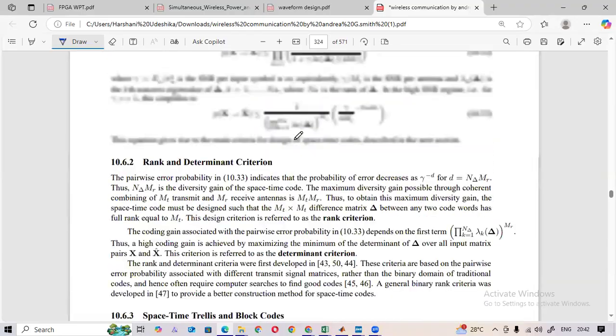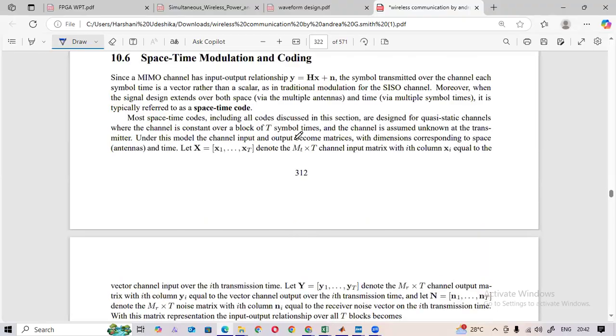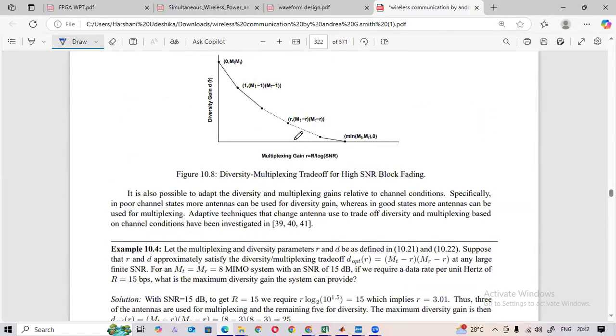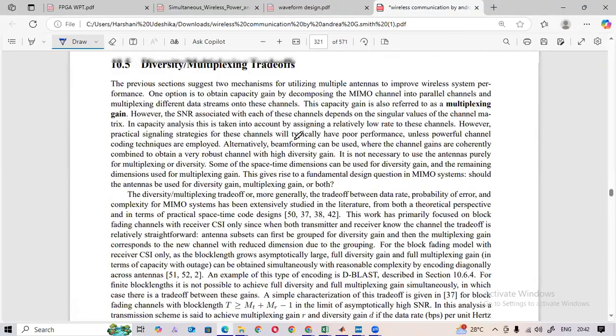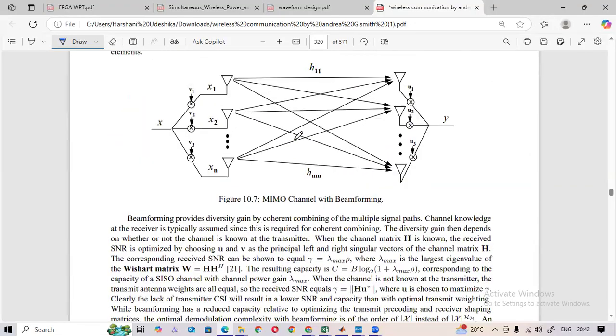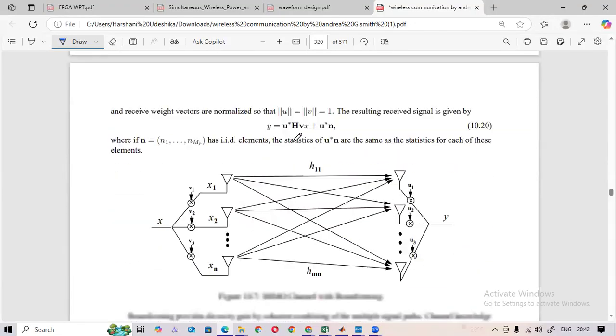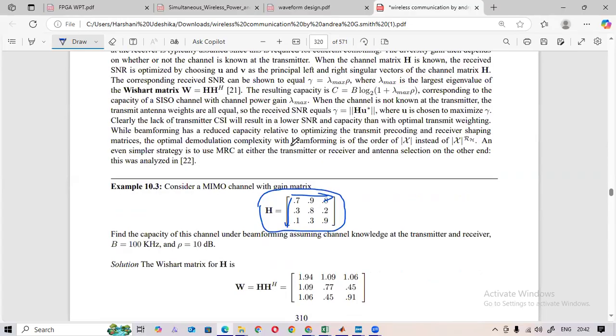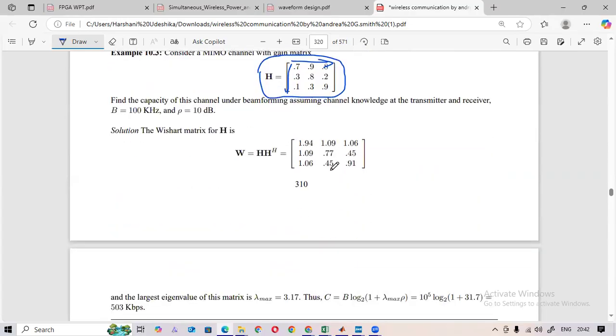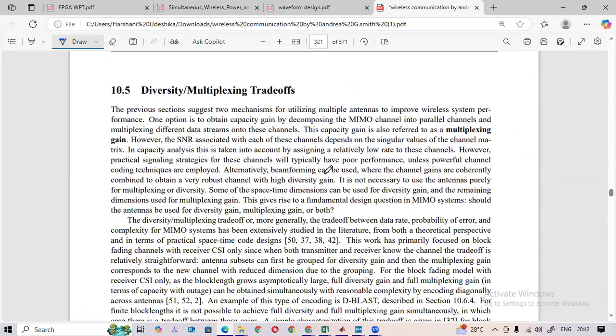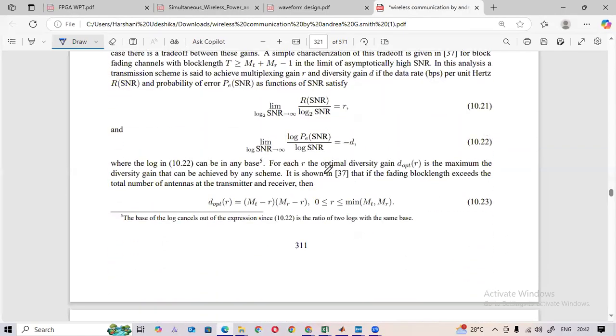You are asked to find the MIMO gain. Maybe you can remember where that is. If you want to find the MIMO gain, you need to find the SVD, no? Singular value decomposition. Where is that?